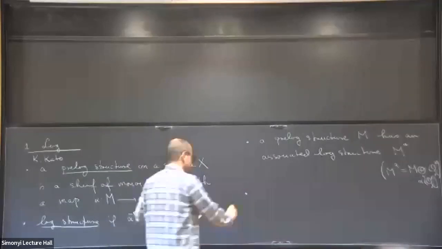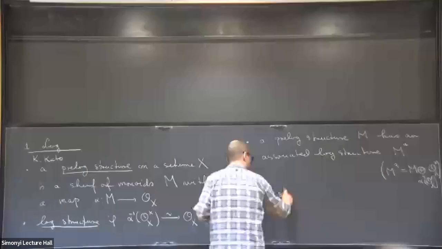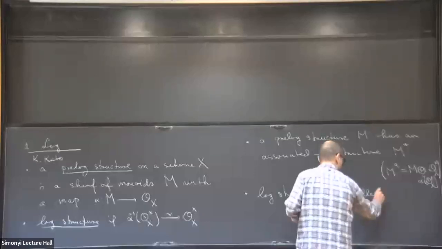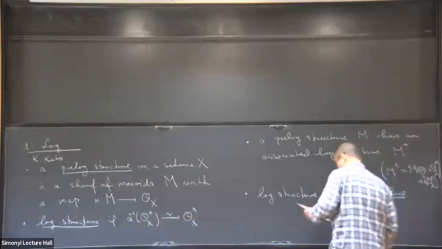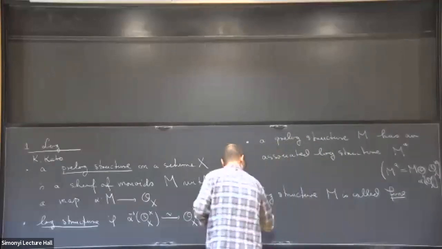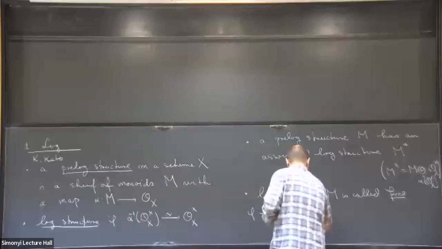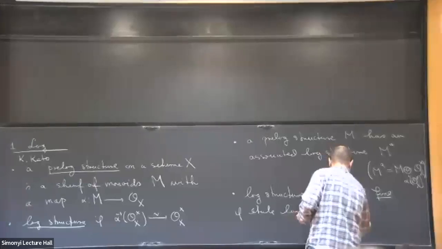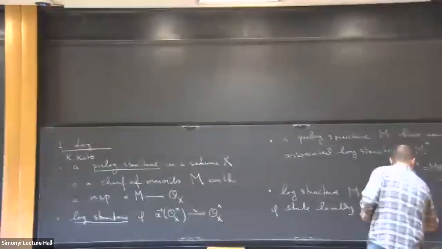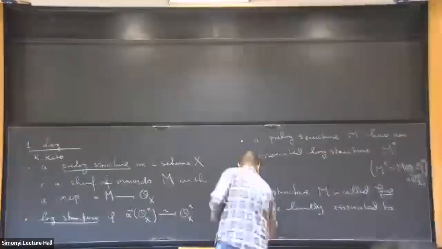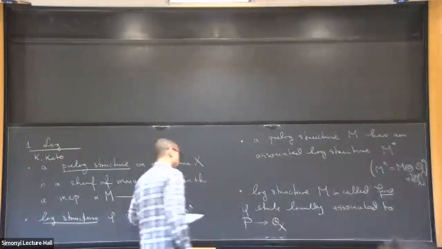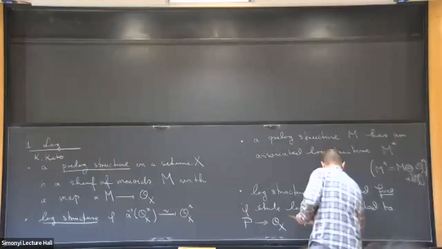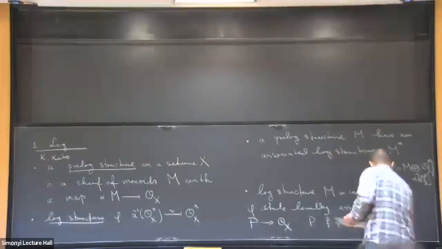The 4th point is that a log structure M is called fine if étale locally it is of the form associated to a map from a constant monoid P, where P is a finitely generated integral monoid.